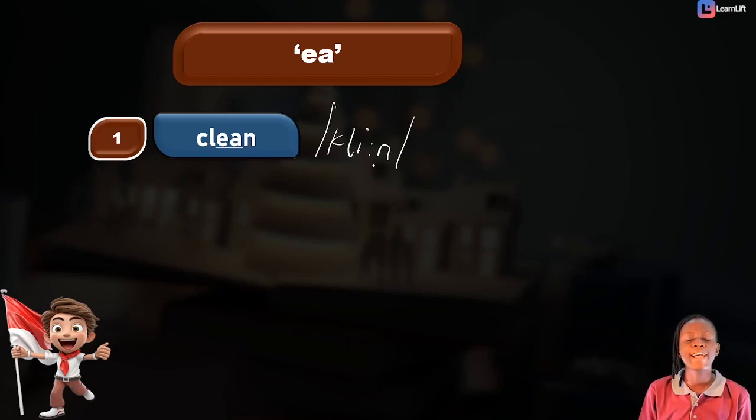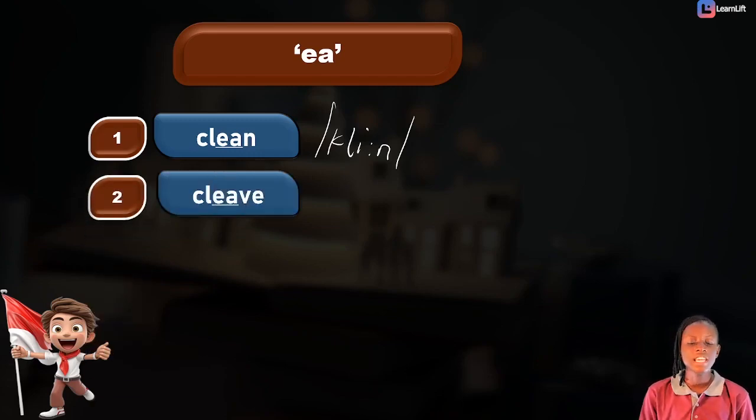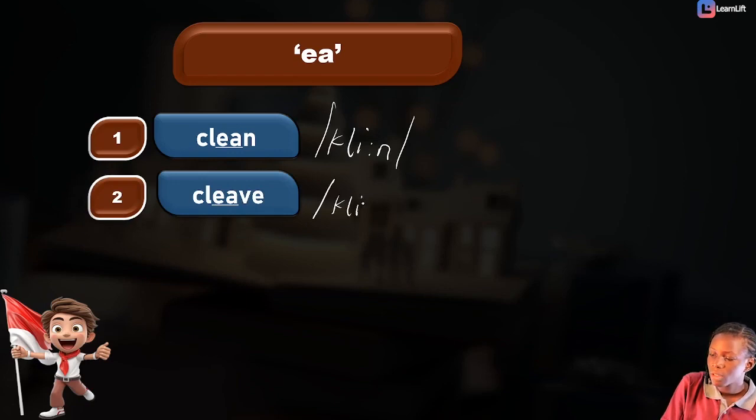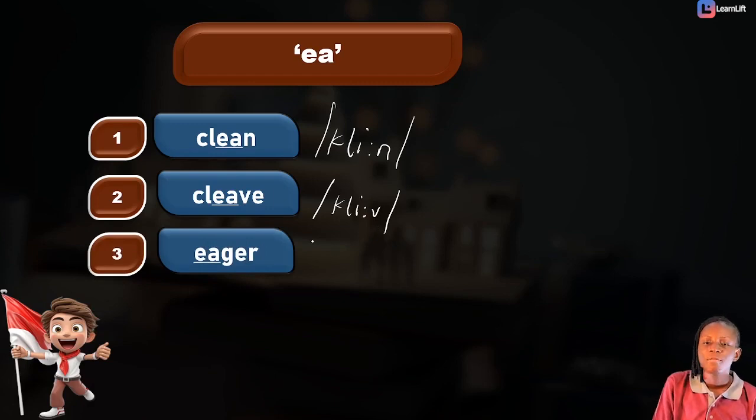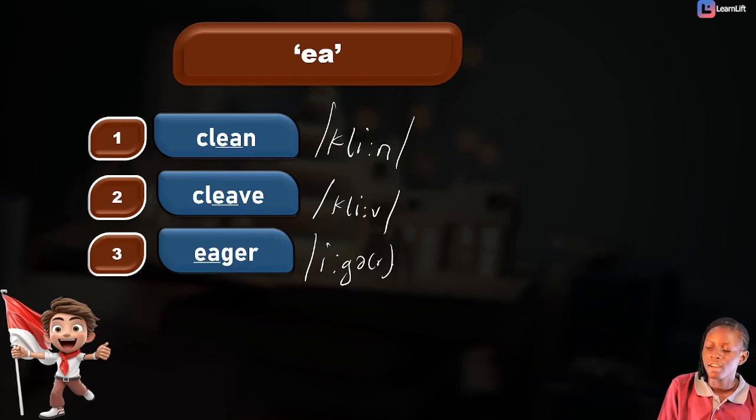If you're wondering why there's no C in the phonetic symbols, there's no C among the 24 consonants, and whenever I see C like that, I use K. Clean. Next I have "cleave". Next I have "eager".